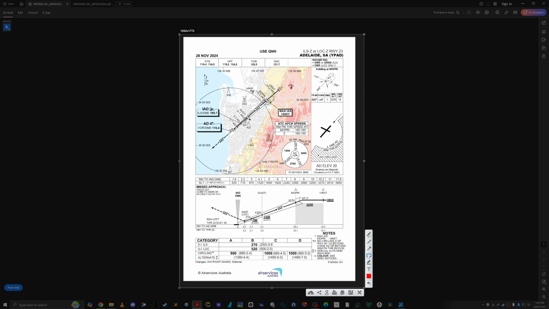Also the ATC approach speeds. It says there nautical miles from threshold. At MOPRI, depending on the type of aircraft, you should be doing between 160 and 185, and at 5 nautical miles, you should be doing 160 to 150.